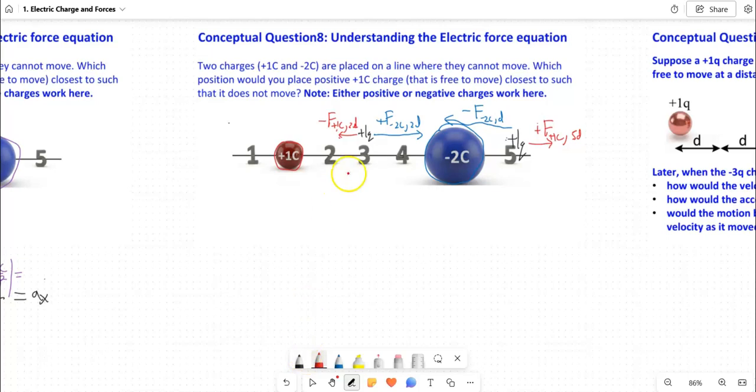It'll begin accelerating to the right. Our only option, and also, by the way, anywhere you put this in here, it will begin accelerating to the right. Our only option is putting it right here, closest to 1.